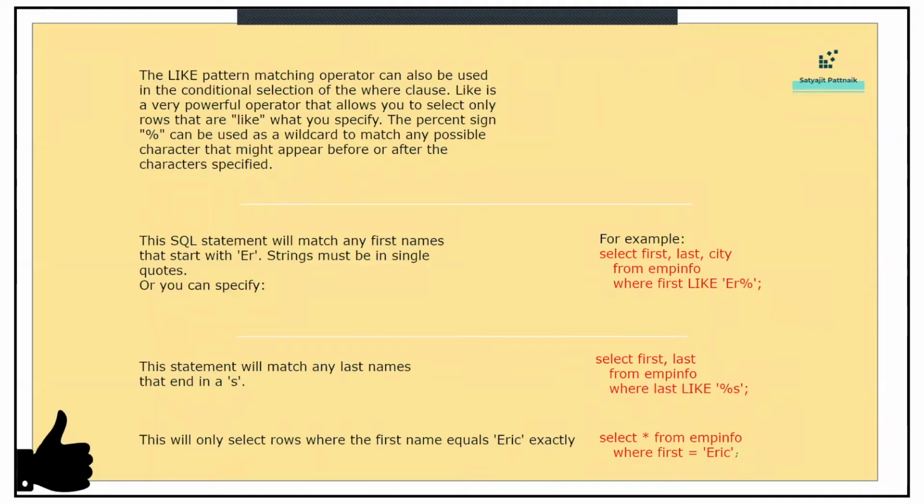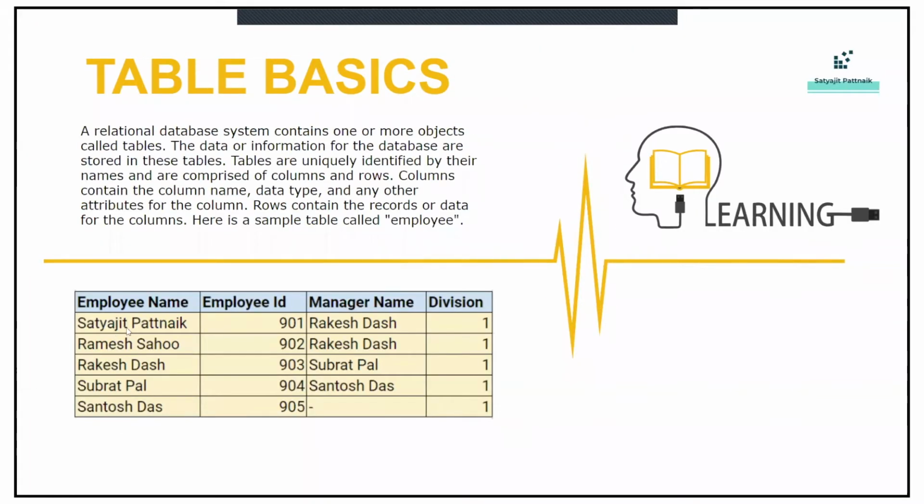If I go back to this particular example, let's say I want employee names that have a small a and h together in the center. Your query will look like select star from employee where employee name like '%ah%'.